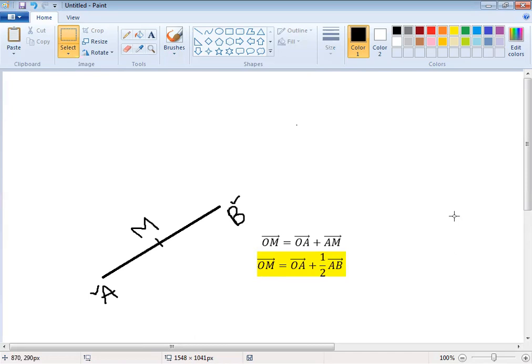We just discussed that the coordinates of any point can also be written as the position vector of that particular point. So once I told you to find the coordinates of M, the first thing you should have jumped on is that we need to find OM. And OM can be found by taking OA plus AM, right? In place of AM, can I just write half of AB? Is this clear?